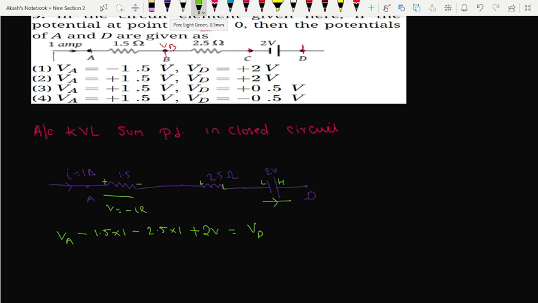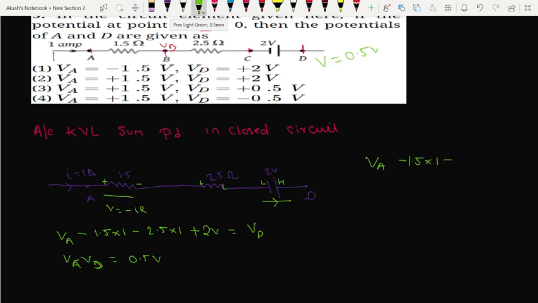So VA minus VD equals minus 1.5 minus 2.5 plus 2, which is minus 0.5 volt, which means the potential at D is 0.5 volt.